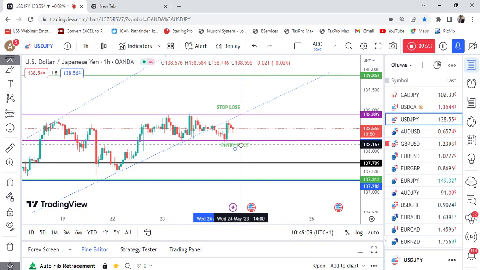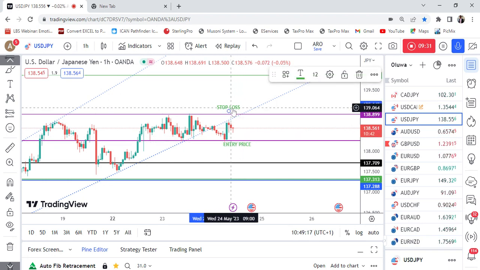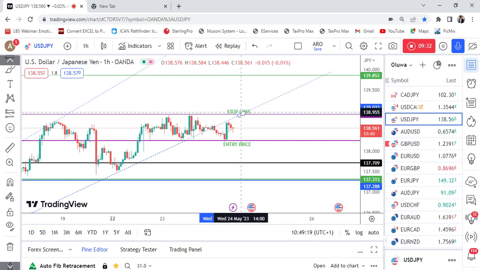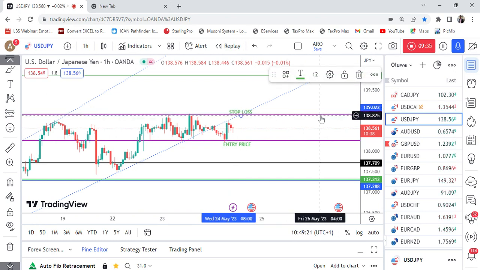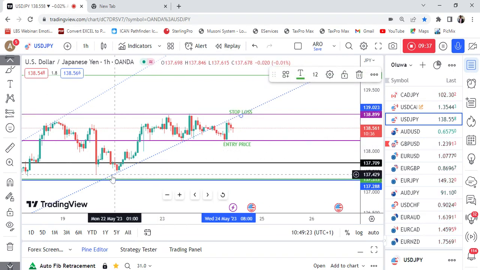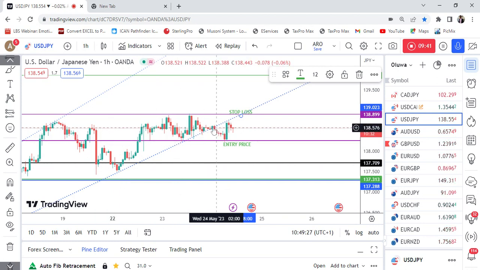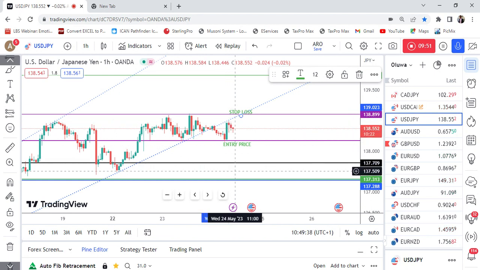But if there is a break on this particular area, we could go for a sell, because the market has already broken this trend line. There is a touch here, touch here, touch here, and this breaks the trend line downward here, and then it will respect the trend line and move back to the trend line, and later continue the movement.